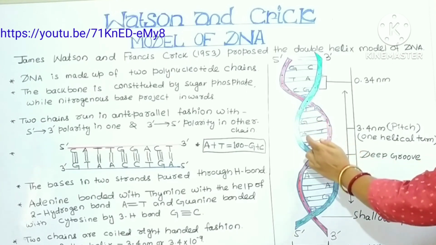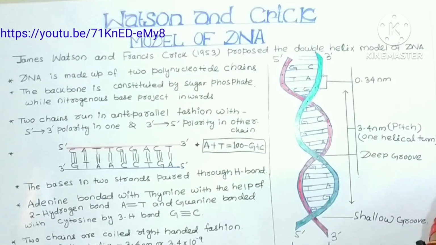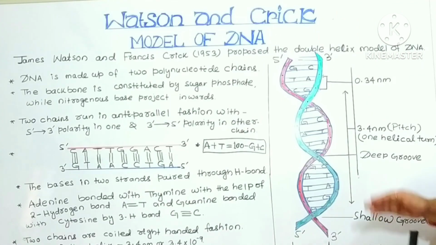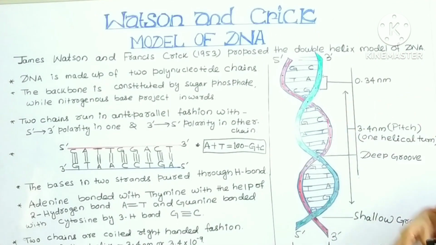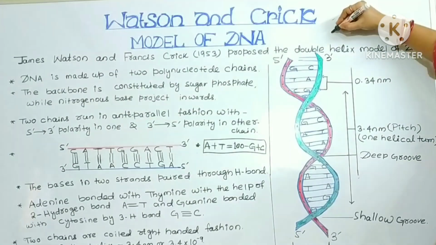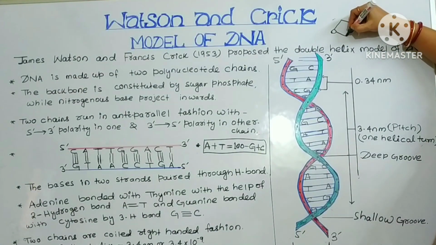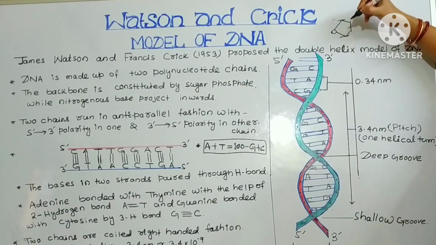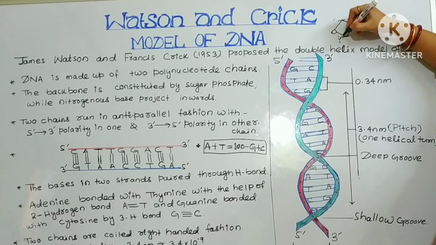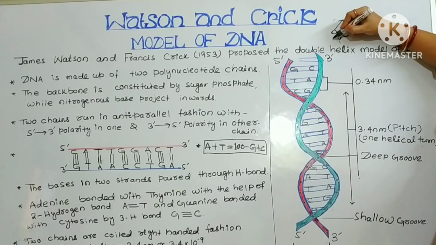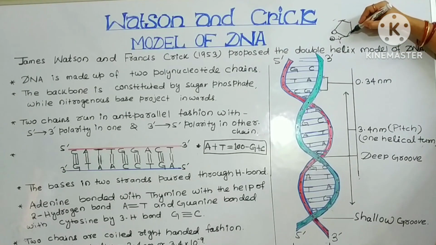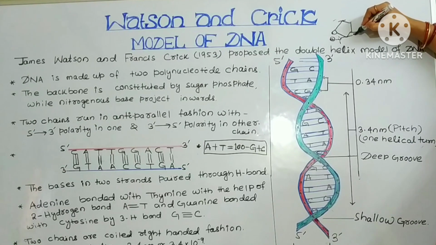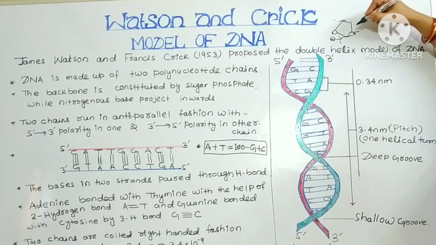These are the nitrogen bases: adenine, guanine, thymine, cytosine. The nitrogen bases project inwards. Suppose this is sugar. Here at the 5' carbon, one phosphate group is added. And this is the 3' end of one sugar.